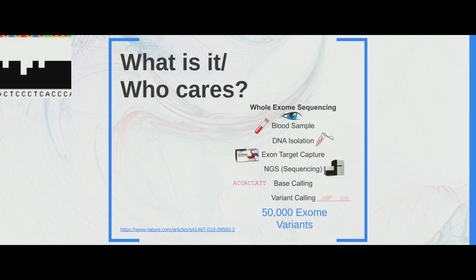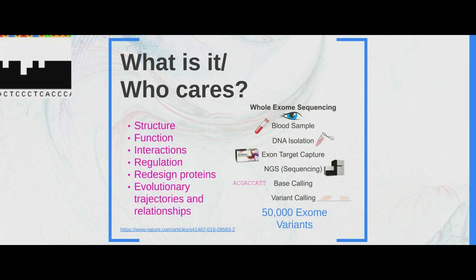But so, 50,000. Which of those are the ones causing the disease and which are the ones that are just making this person different? Personally, I would like to do a functional assay to answer that question. But another approach that many people use is to try to impute which of those 50,000 are important using comparative genomics. So this is clearly one use.